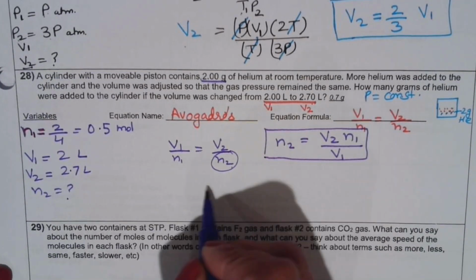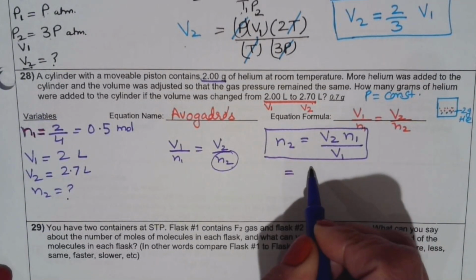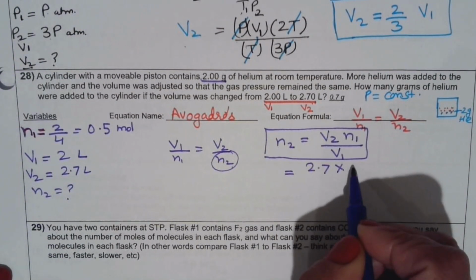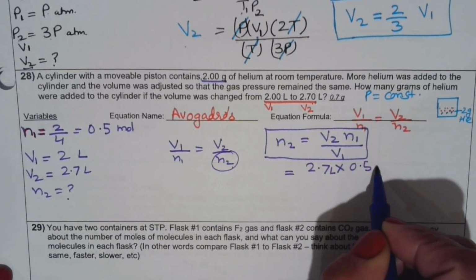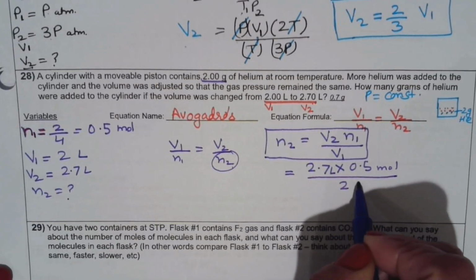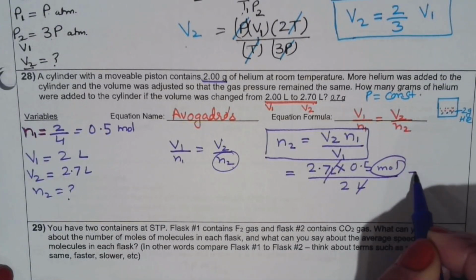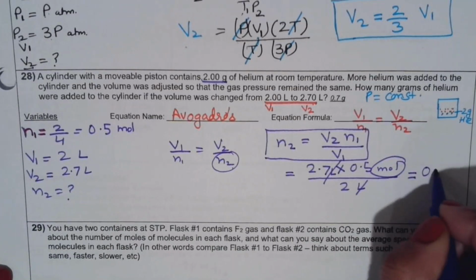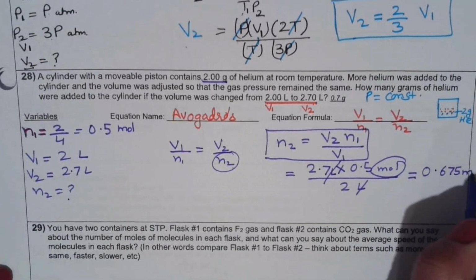Okay. Now plug in the numbers. Number of moles comes out to be V2, which is 2.7, times N1, which was 0.5. So this was liters, this was moles, and then divided by 2 liters. So liters and liters cancel, you get your answer in moles. So if you solve that, you will get 0.675 moles.